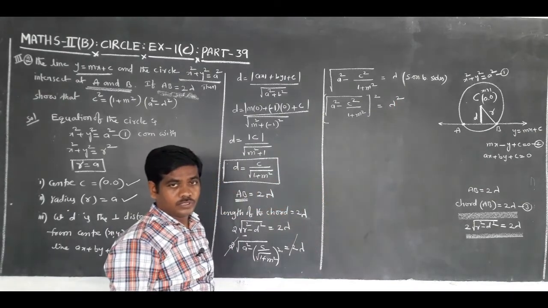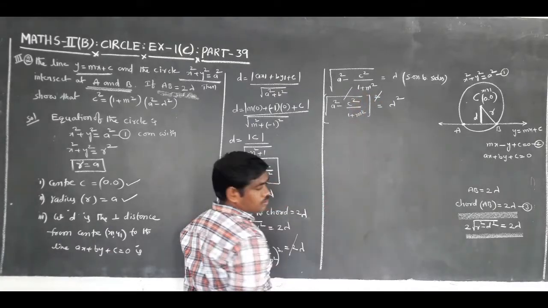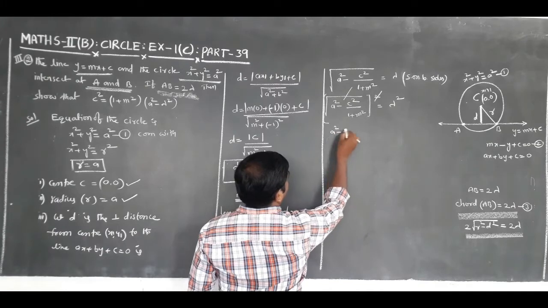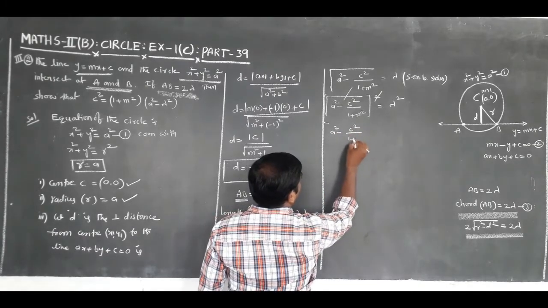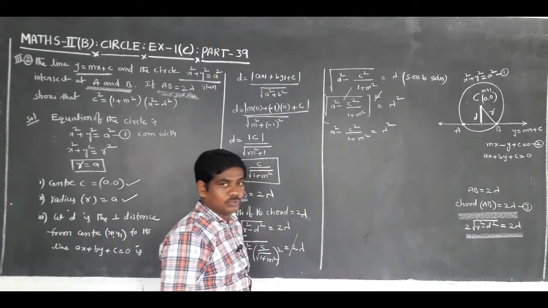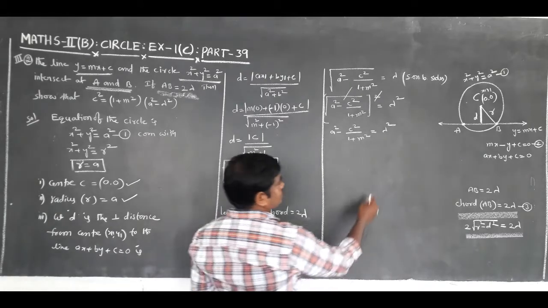Squaring on both sides, the square root cancels: a square minus c square by 1 plus m square is equal to lambda square.